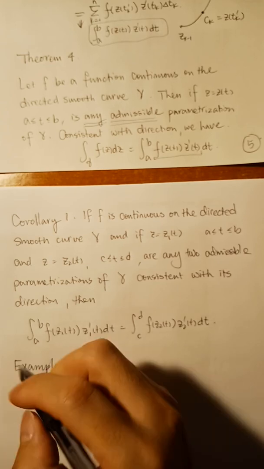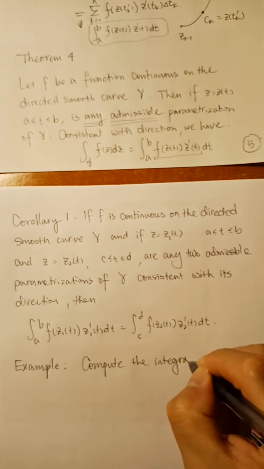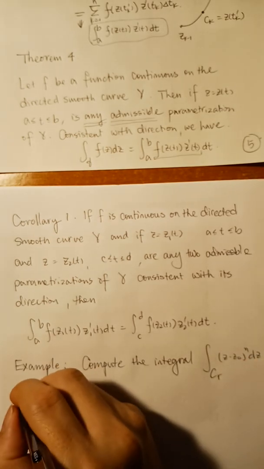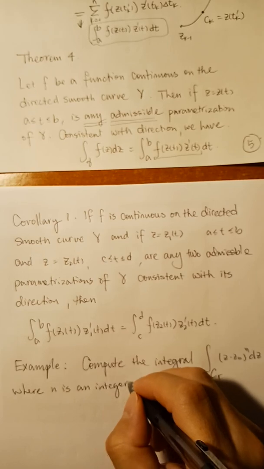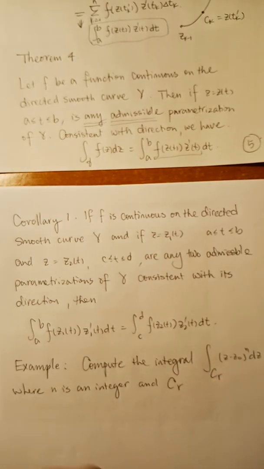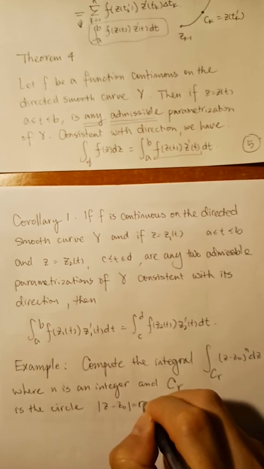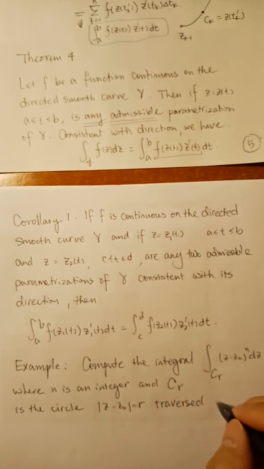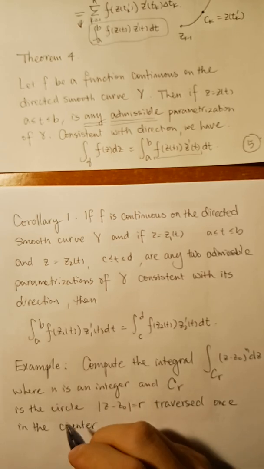Compute the integral of (z minus z0) to the nth power along the circle CR, where n is an integer and CR is the circle |z minus z0| equal to R, traversed once in the counterclockwise direction.